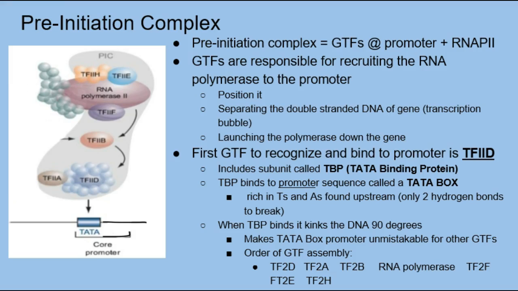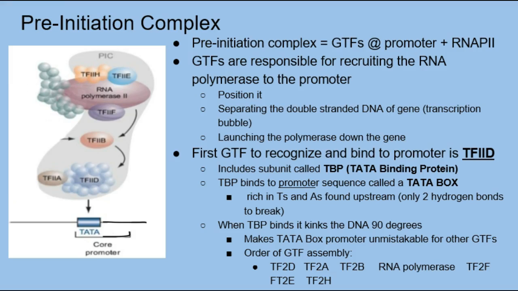The first GTF to recognize and bind to the promoter is TFIID, or transcription factor D, that calls RNA polymerase 2. This GTF includes a subunit called TBP, or the TATA binding protein.